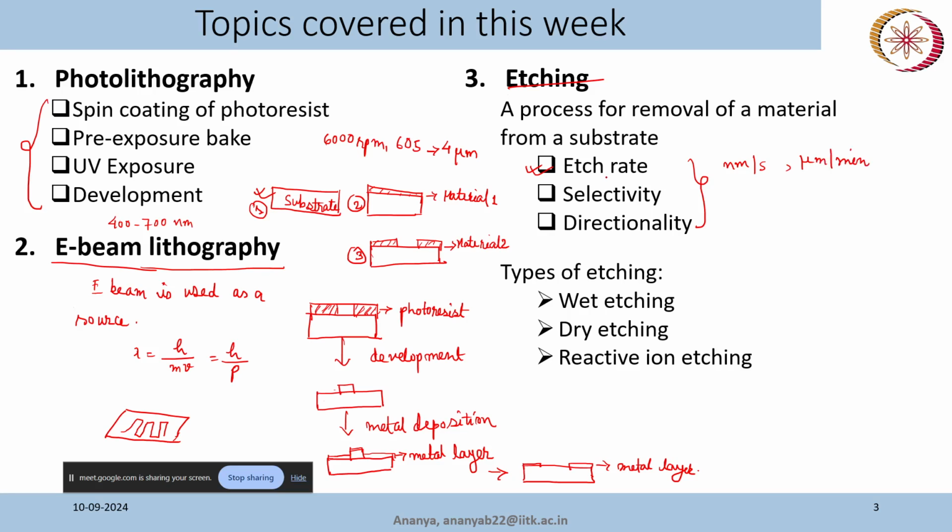Now ideally what etch rate do you want in your processes? You want something that is controllable, right? Say if you have a 100 nanometer thick layer, and you want to etch it to half, say up to 50 nanometer, then if your etch rate is very high, say 100 micrometer per minute, you will not be able to control the 50 nanometer thickness.